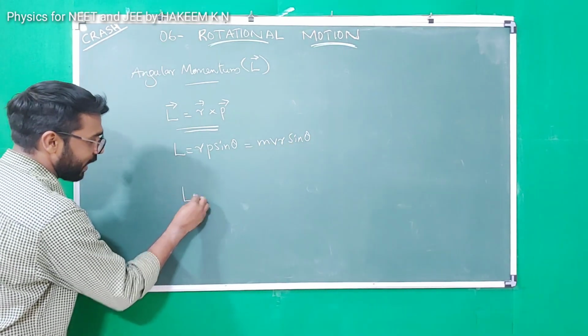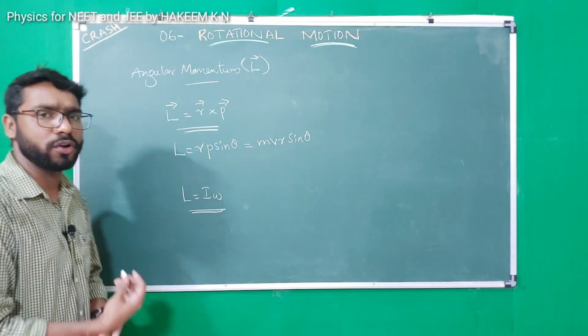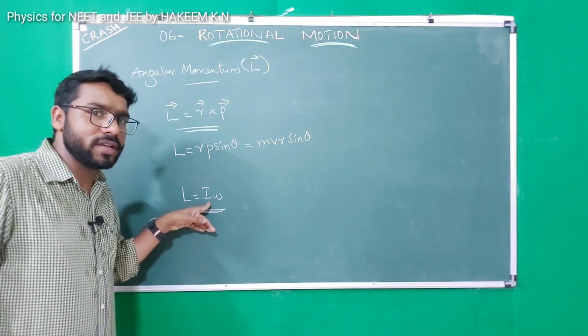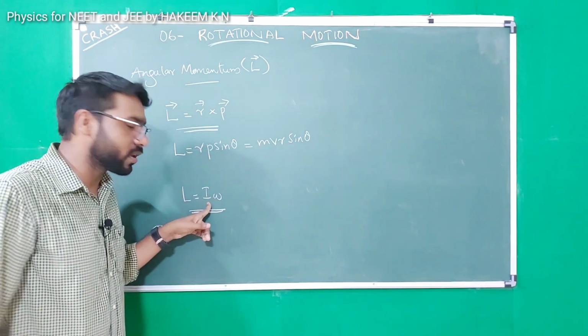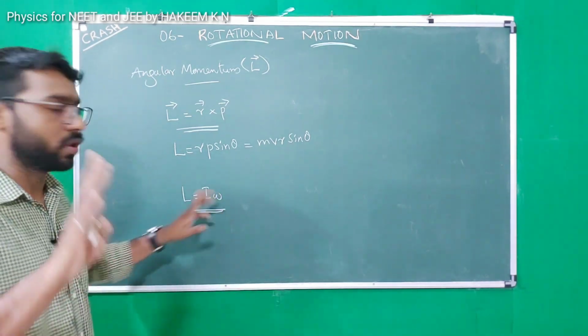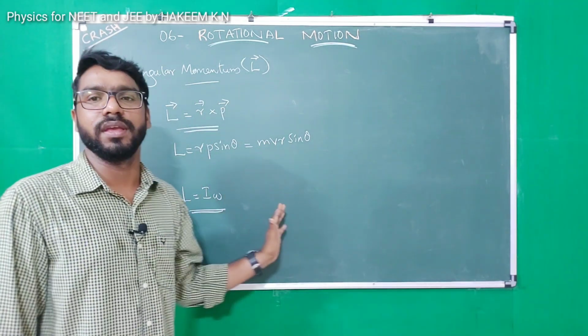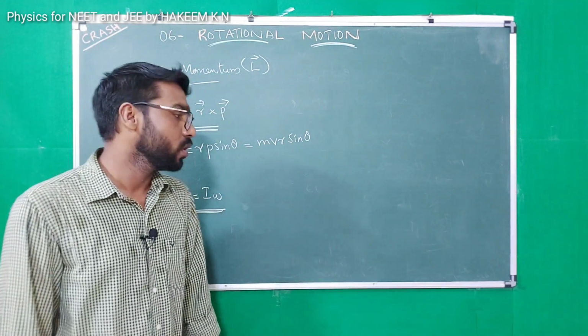Momentum P equal to mass into velocity. So we can say L equal to I omega. Moment of inertia does the role of mass in rotation, and omega does the role of velocity in rotation. Omega is the angular velocity. So L equal to I omega, like P equal to mass into velocity.